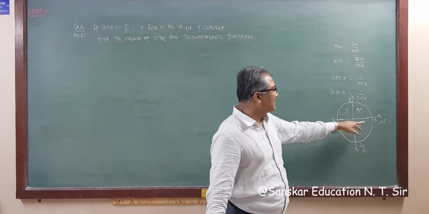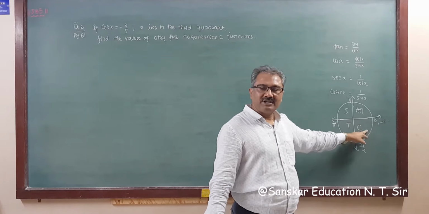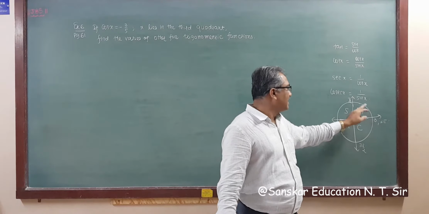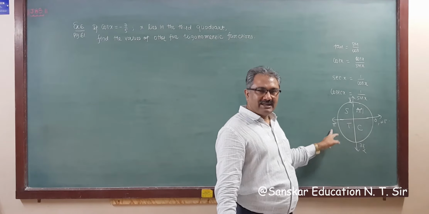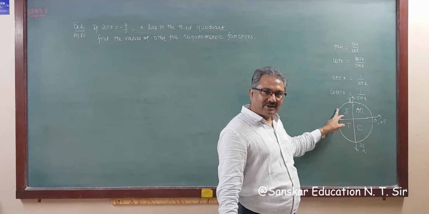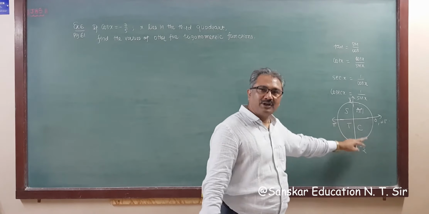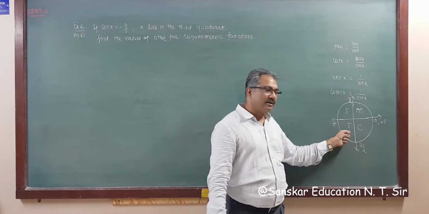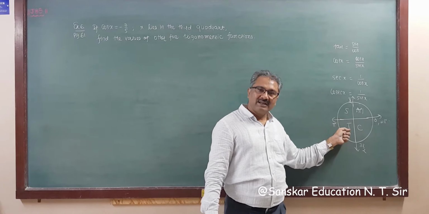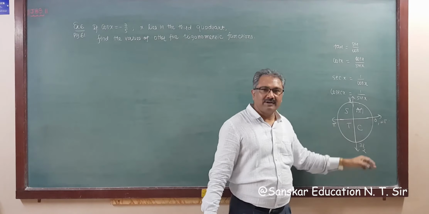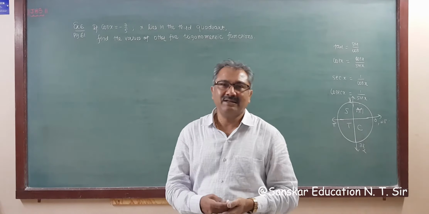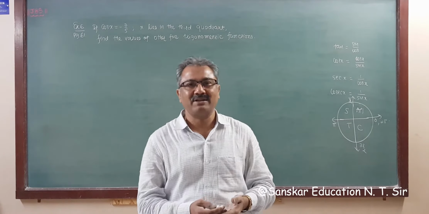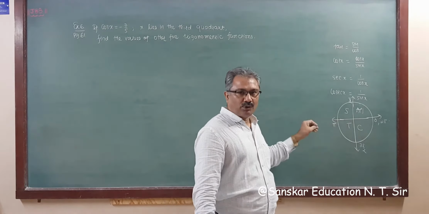So first quadrant is 0 to pi by 2. In first quadrant, 0 to pi by 2, all are positive. Second quadrant, pi by 2 to pi, sine and cosec positive, others are negative. Third quadrant, pi to 3 pi by 2, tan and cot positive, all others are negative. And fourth quadrant, 3 pi by 2 to 2 pi, cos and sec are positive, others are negative, that you know, right?